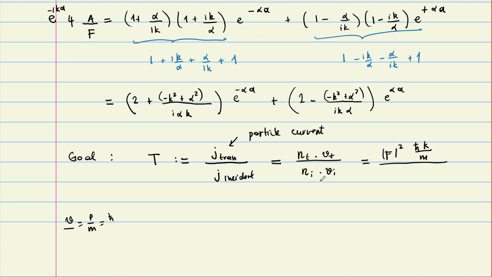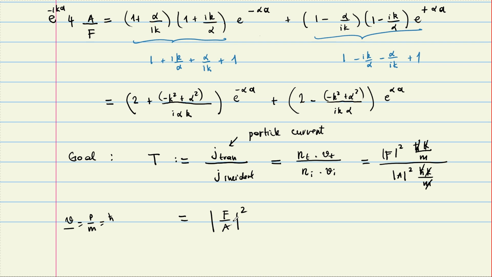I'll do exactly the same thing for the incident, amplitude a squared, and I have h bar k over m. So these all cancel. So at the end, my t turns out to be f over a squared. And that's what I'm interested in.